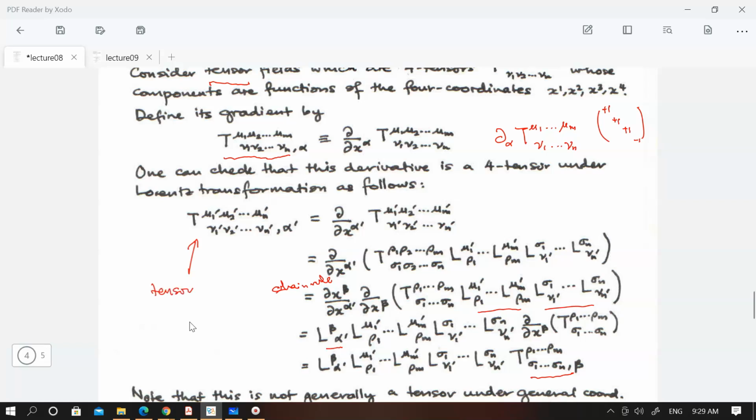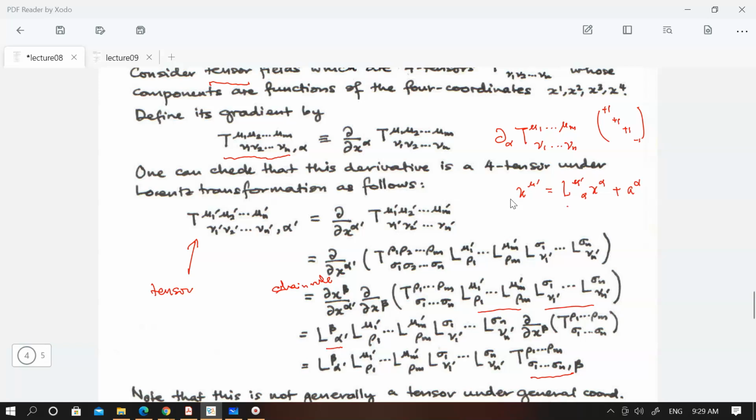But this is only true in the case of special relativity, where your transformations are simply given by this. And then of course you can have the inhomogeneous part.